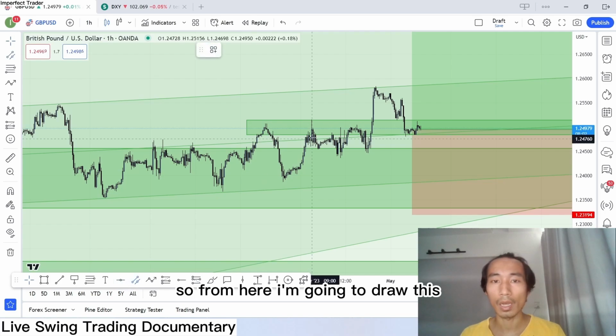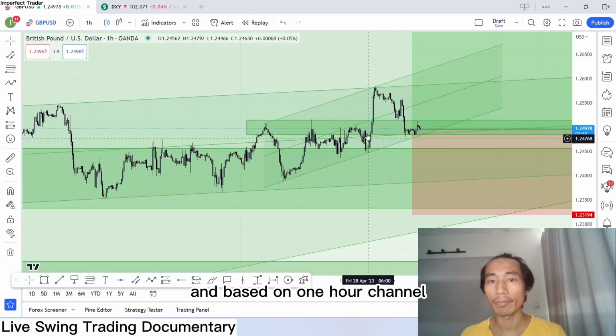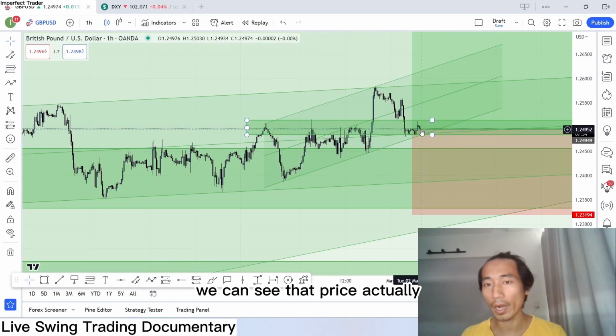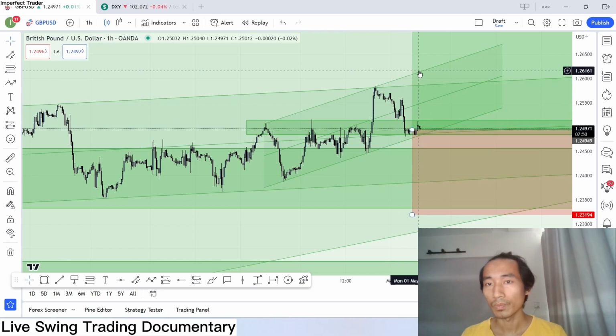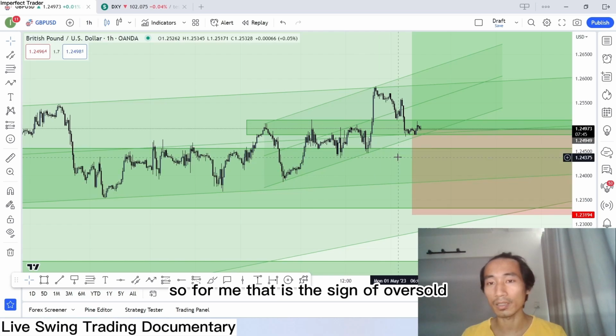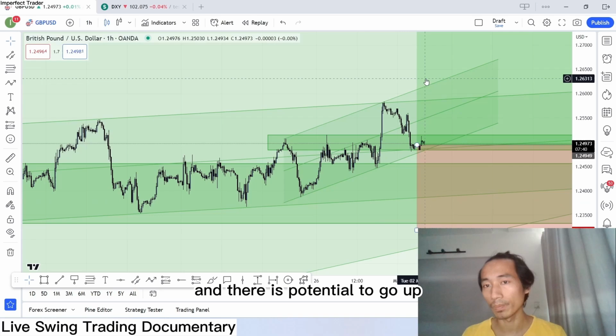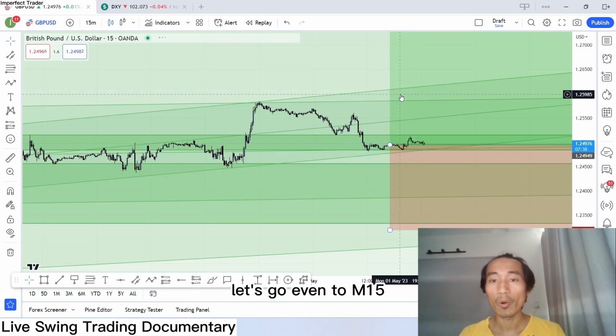So from here, I'm going to draw this. And based on the 1-hour channel, we can see that price is at the bottom of the channel itself. So for me, that is a sign of oversold and the potential to go up. Let's go even to 15 minutes.